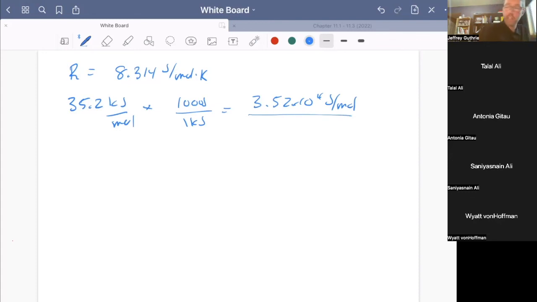We have 99 degrees Celsius and 25 degrees Celsius. Those have to be in Kelvin because, again, our constant here is in Kelvin. So 99 degrees Celsius is the same as 372 Kelvin, right? I'm just adding 273 to it. And then 25 degrees Celsius equals 298 Kelvin, right?